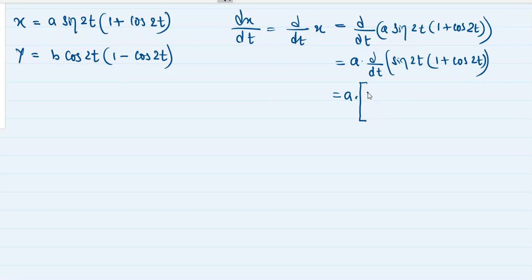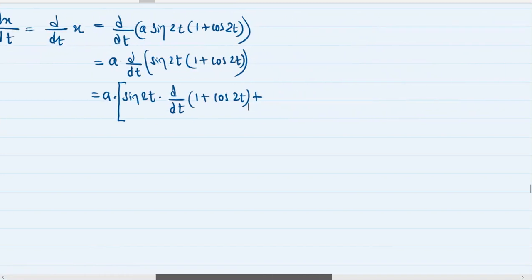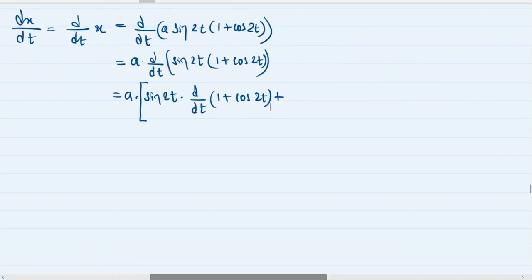First term, that is sine 2t multiplied by d by dt of 1 plus cos 2t, plus 1 plus cos 2t multiplied by d by dt of sine 2t.